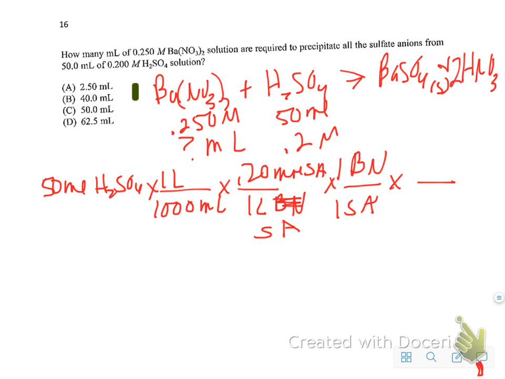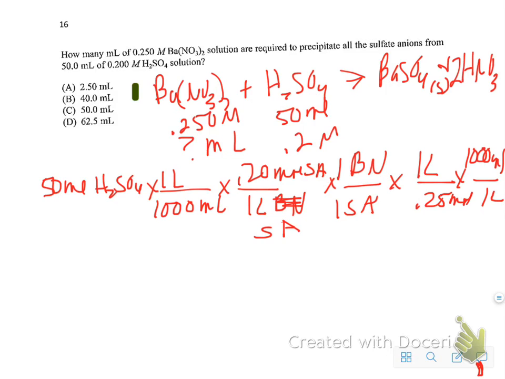Okay, and now I can use the molarity of barium nitrate, which is 0.25 moles of barium nitrate is 1 liter of barium nitrate. But it's asking for milliliters, so I'm going to do one more factor. 1 liter is 1,000 milliliters.